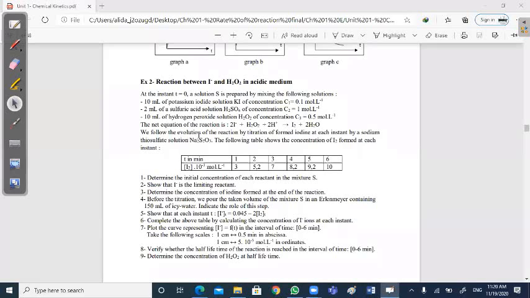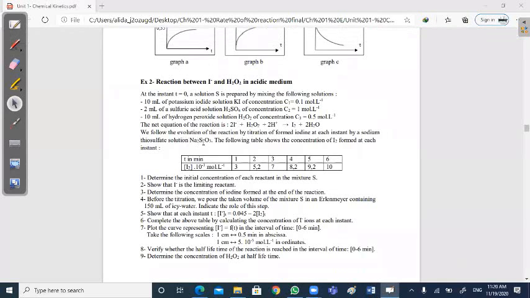We follow the evolution of the reaction by titration of the formed iodine at each instant by sodium thiosulfate solution Na2S2O3, exactly as in the experiment studied in the course. The following table shows the concentration of I2 formed at each instant. At t equals 0 it is not given, but we should know that the concentration of I2 at t equals 0 should be equal to 0.